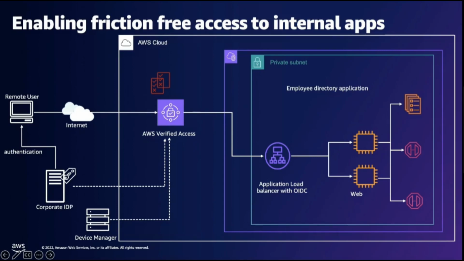So that's one of the services that we launched, and these services are geared towards simplifying the experience for users wanting to access corporate internal applications. Like I said, traditionally you use VPNs and things like that, but Verified Access is there to simplify that entire experience.